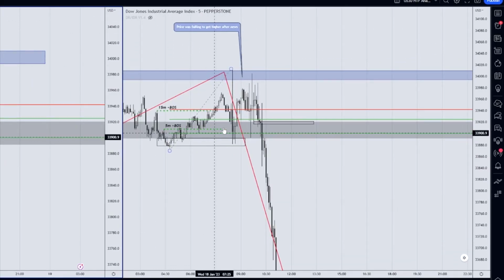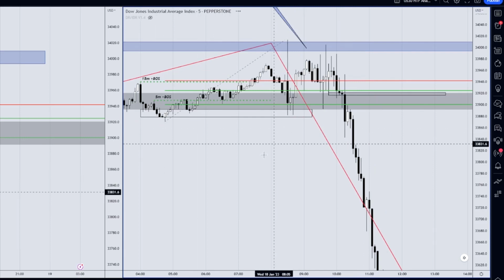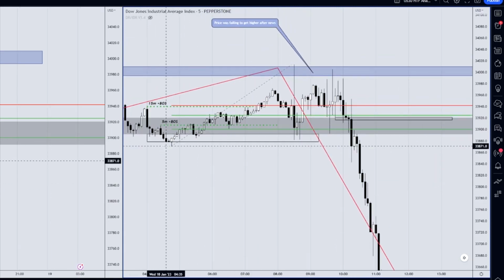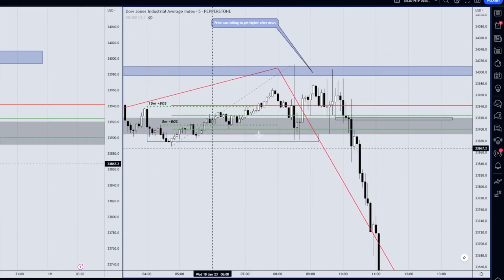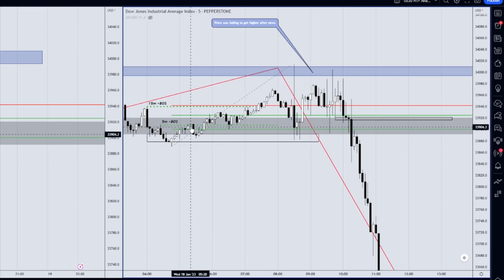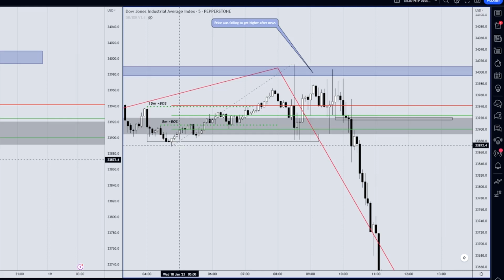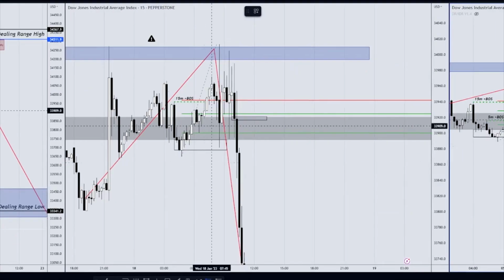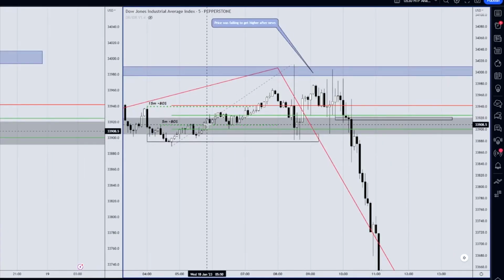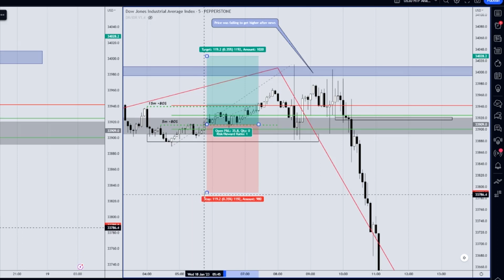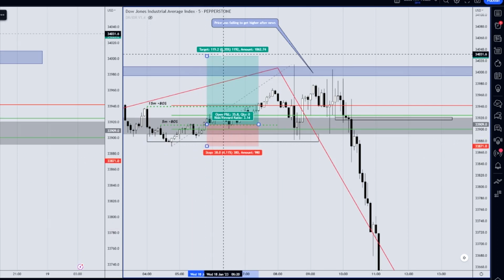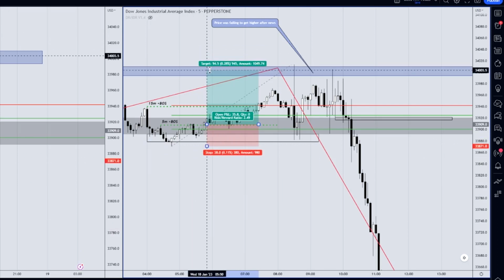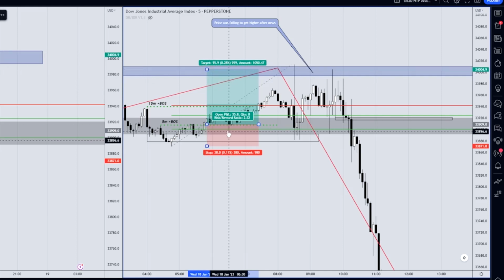So again, down to the 5 minute, we have a 5 minute break of structure by here. A trade could have been placed on the break of structure, placing a long position. Going for that type of trade, that would have been 2.5 to 1.